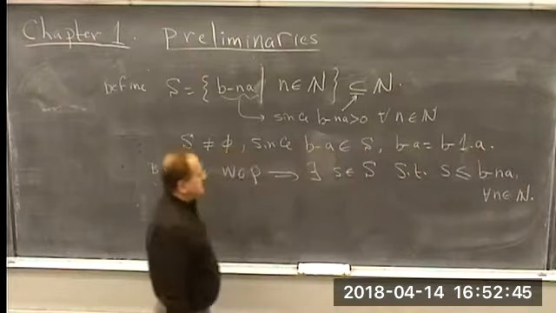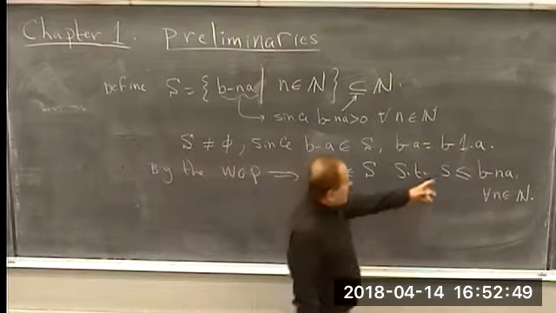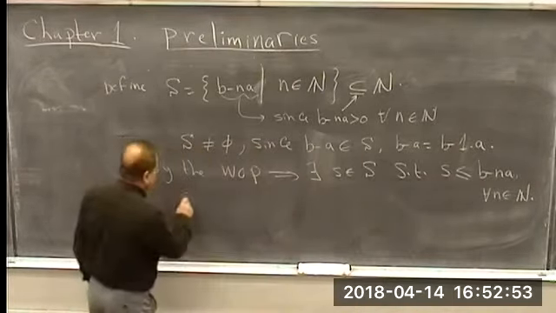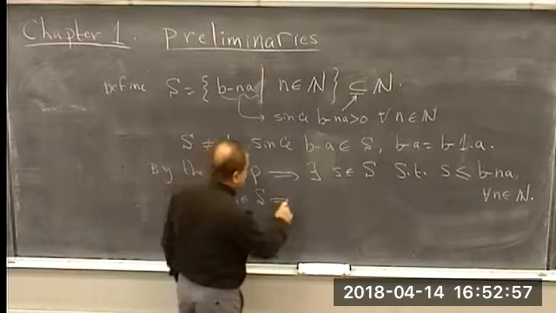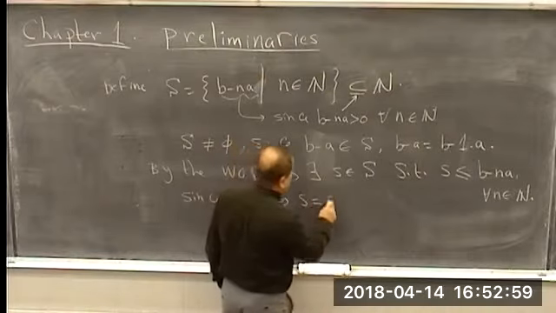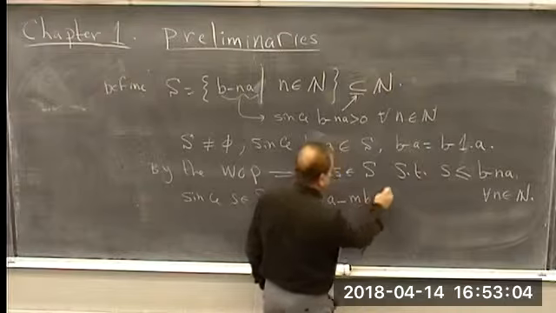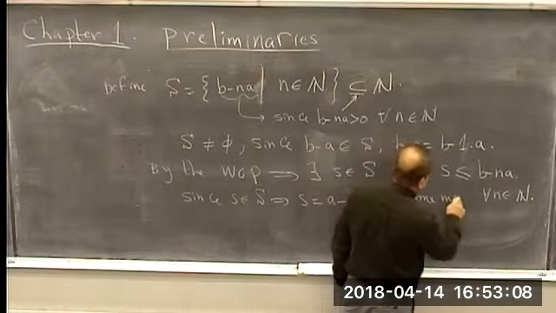Now, since s belongs to S, s is going to be of the form a minus mb for some m being a natural number.